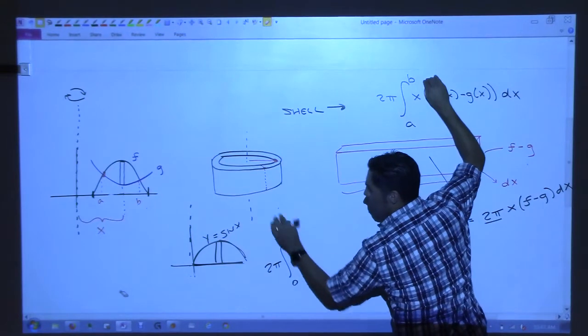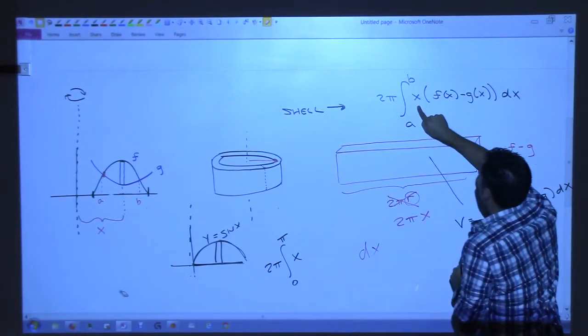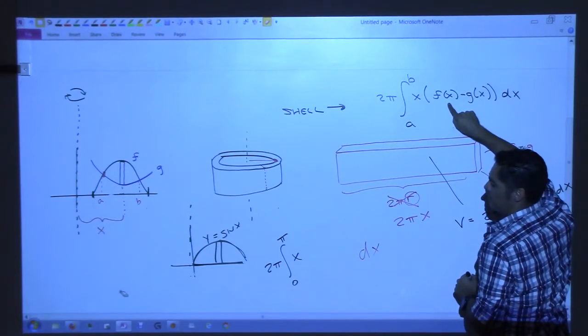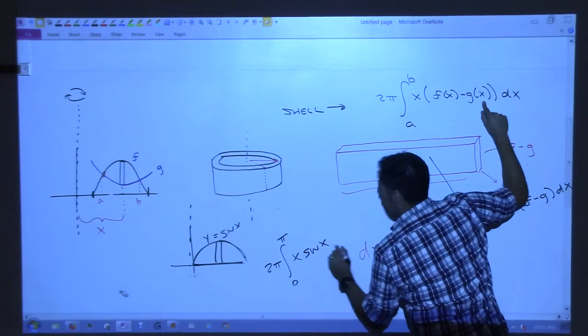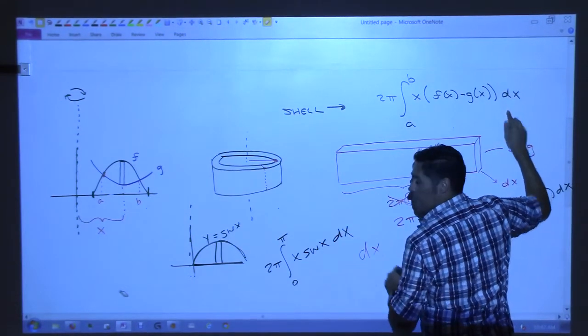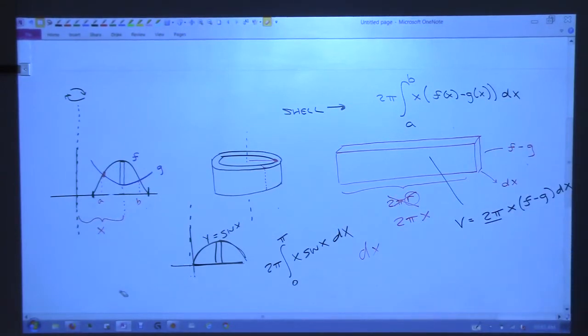That's what I gave you in the picture. And then x, which is just x. It's the variable. And then f, what's f? Sine x minus g, which was 0. So just sine x dx. That's it. Integration by parts is what it would take for that. See that? Isn't that nice?